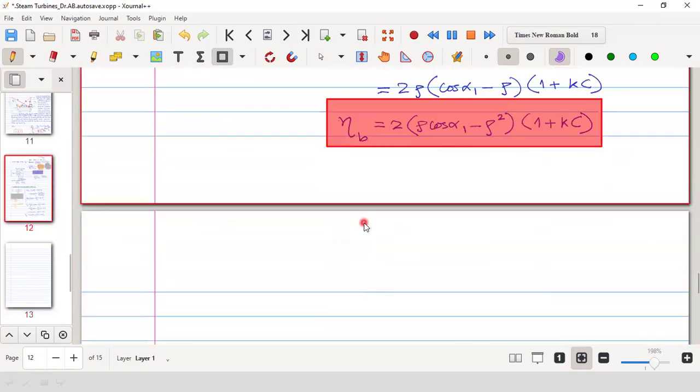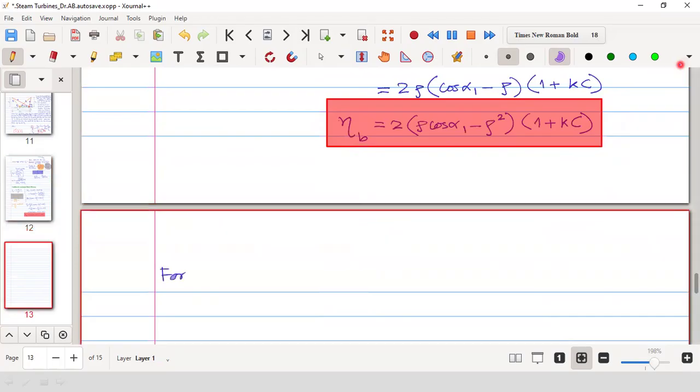Now, therefore, we will try to calculate what is the dependence or what is the condition for maximum efficiency. Therefore, for maximum blade efficiency, d eta b by d rho should be 0.